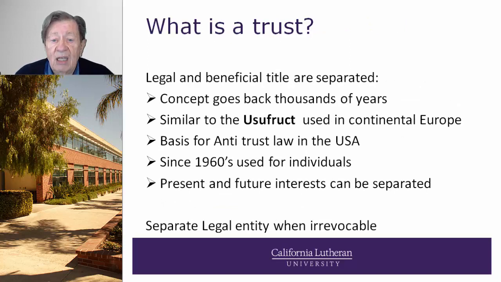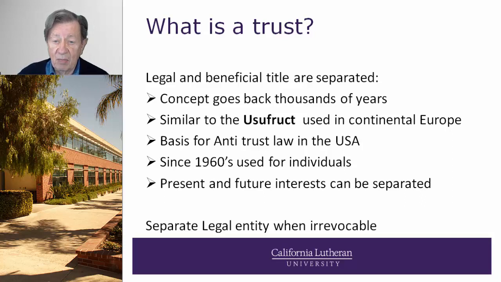What is a trust? It's actually something that's been around for thousands of years. We have used it in our society for personal financial planning since the 1960s, so it's a really new law for us. But in Europe, it's called the Usufruct, very similar. Up until the 1960s, in the United States, it was used for corporations, and you've all heard of the antitrust laws.